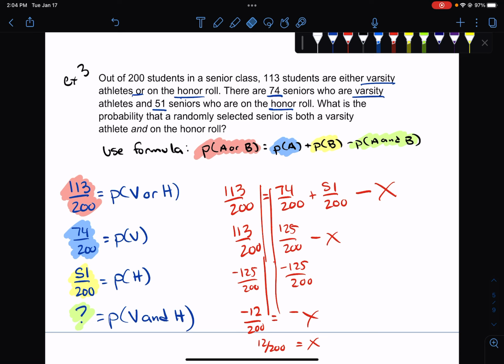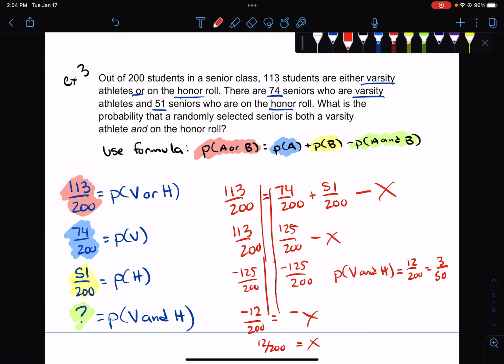That's the probability of V and H. So the probability of V and H, being on varsity and honors, is equal to 12 over 200, which simplifies to 3 over 50.